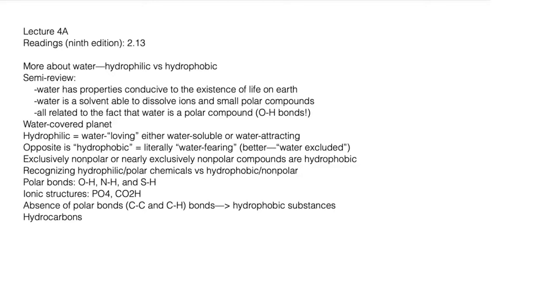We talked about how water has these properties that are totally conducive to the existence of life on Earth. I mean, life on Earth would be completely different if the oceans froze solid, for example. If solid water sank to the bottom, then we would have more or less perennially frozen oceans. That doesn't happen because ice floats, right?